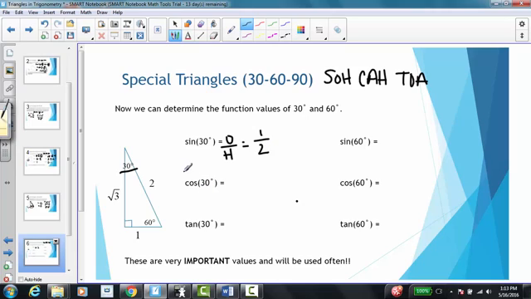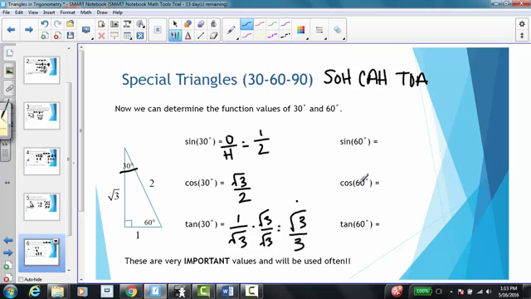Cosine of 30 degrees, we're looking for adjacent, which in this case is square root 3, over my hypotenuse, which is 2. Tangent is opposite, 1, over adjacent, which is root 3. Again, we don't want to leave a radical in the denominator, so I need to multiply both top and bottom by root 3, and that leaves me with root 3 over 3.